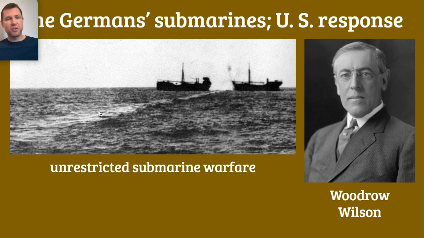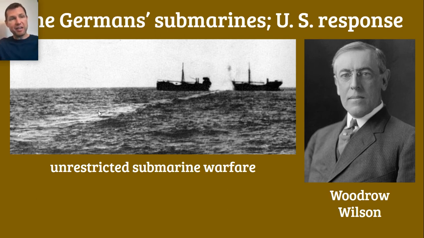So American goods carried on American cargo ships were completely immune from German submarine attack because they were being carried on a ship of a neutral country, the United States. So that meant that those war materials purchased from American companies carried on American ships could flow freely to Britain and France.